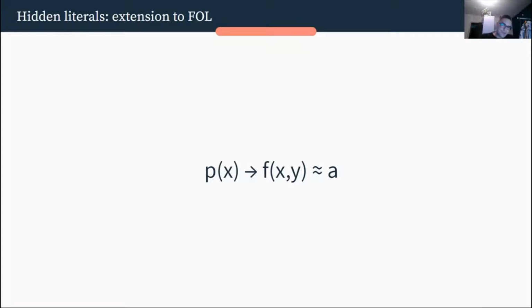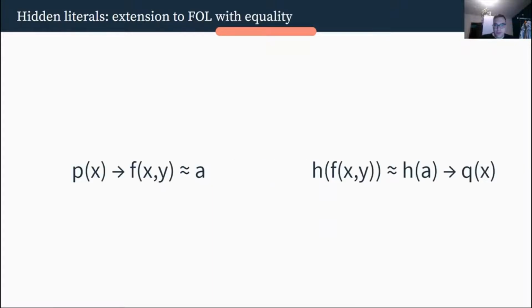The first thing that we need to deal with is that I can replace any variable by an arbitrary expression, and this means that this implication does not hold only for these two literals, but also for all instances of them.